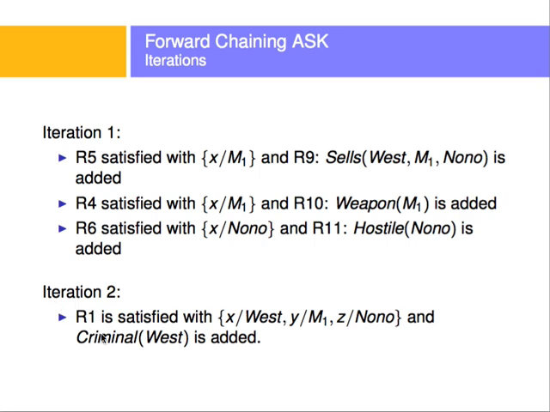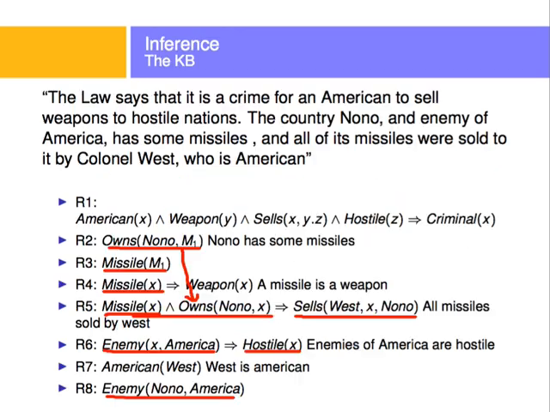So we iterate again, and rule 1 now is satisfied with this substitution: x is West, y is M1, and z is Nono. Because we established the sells, we established the weapon M1, and we established hostile Nono. And if we look at rule 1, American(x) is satisfied with West. So x is West.